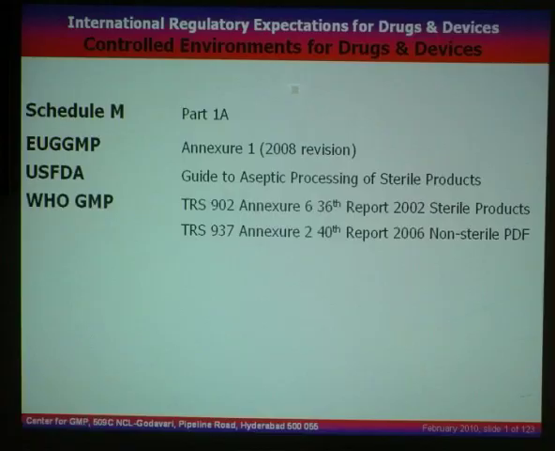Now, in 2006, with the increase in high potency formulations, high potency drug substances, cytotoxic drug substances, WHO came up with technical report 937, which in its Annexure 2 discusses the kind of environment they'd like to see for non-sterile solid dosage forms.